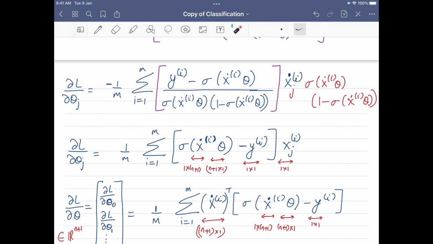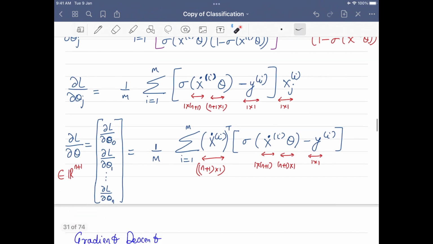Here you see, once you vectorize it, you are replacing this particular thing by this x_i transpose. I am just converting this into a vector of x_i transpose, and once you do this manipulation, your output will be a vector of thetas. The dimension of that will be n plus 1.